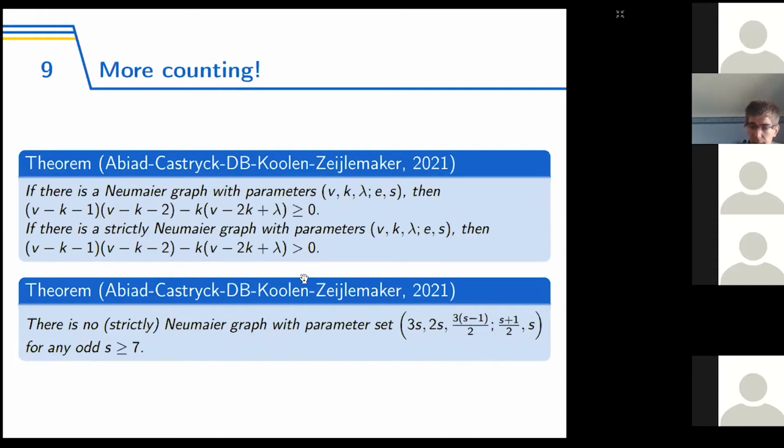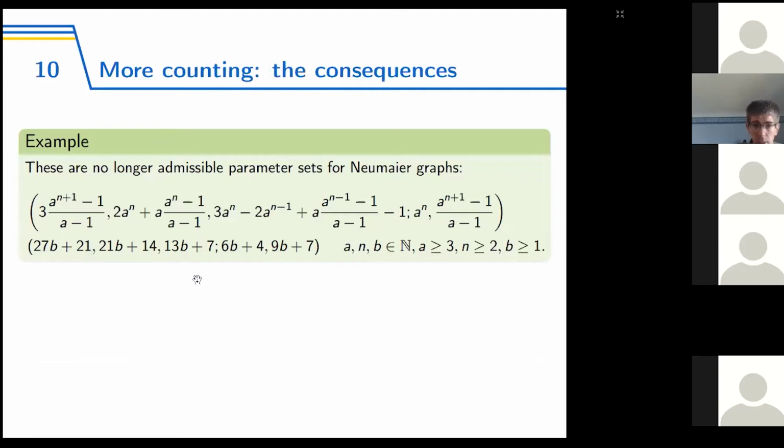Now, in case you find precisely 2, this theorem doesn't tell you anything, it doesn't exclude the parameter set, but from the proof, you still know a few things, and in fact, this allows you to disprove the existence of Neumaier graphs with this parameter set. So good, we have these 2 results about non-existence.